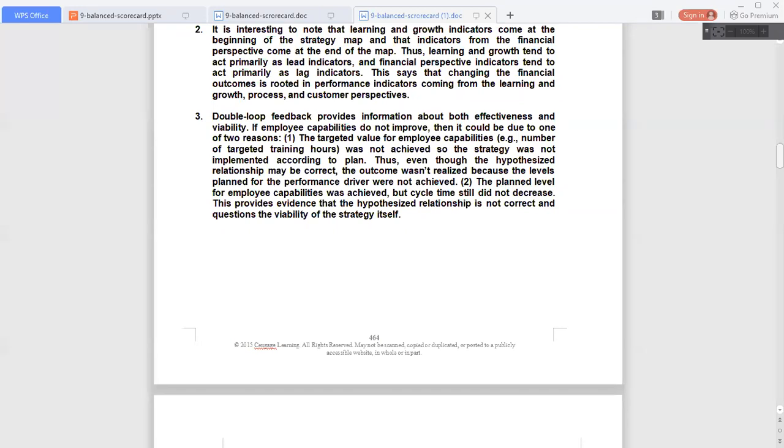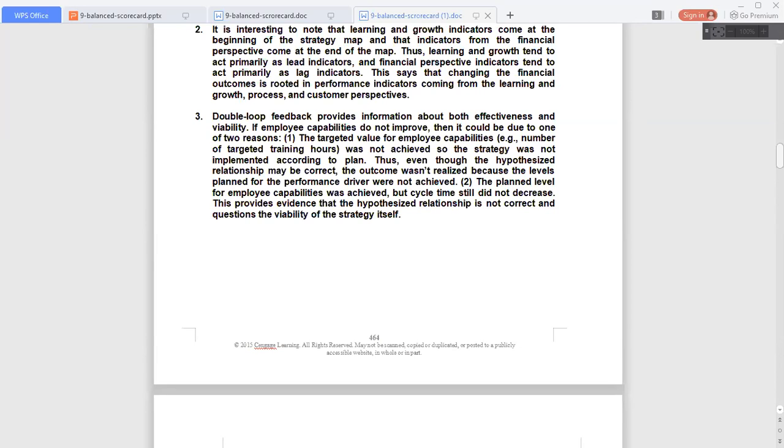If employee capabilities do not improve, that is our if statement, then it could be due to one of two reasons. Number 1, the targeted value for employee capabilities, the number of targeted training hours, was not achieved, so the strategy was not implemented according to plan.